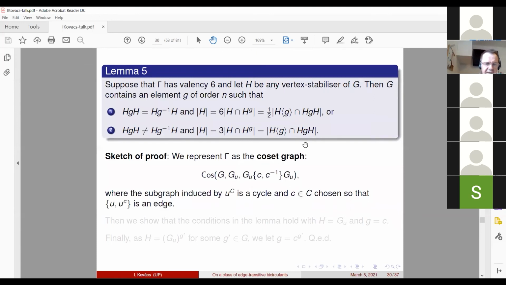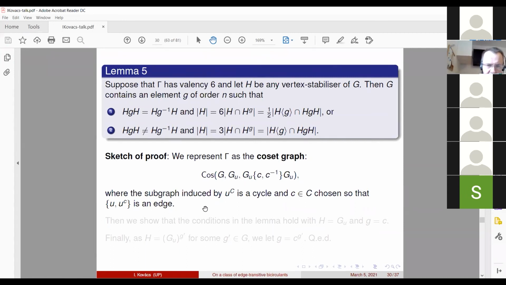The idea is you represent your graph as a coset graph. And in the coset graph, you take the stabilizer of the vertex U such that the orbit containing this U is the full cycle. I mean, the C orbit is a full cycle. And you also choose the element C from the cyclic group so that U and UC is an edge.